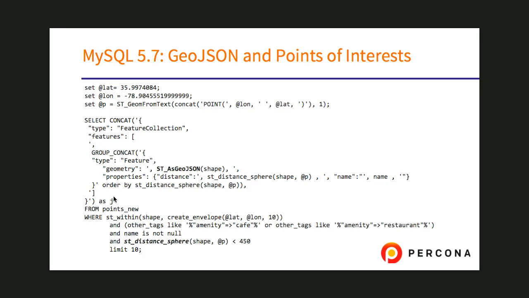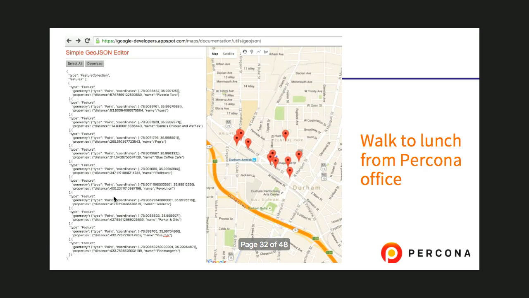So this is what I was going to do. I was going to show all the lunch places around our Percona office. This is actually an old office in Durham, North Carolina. I wanted a very quick and easy way to show the points of interest on the map.